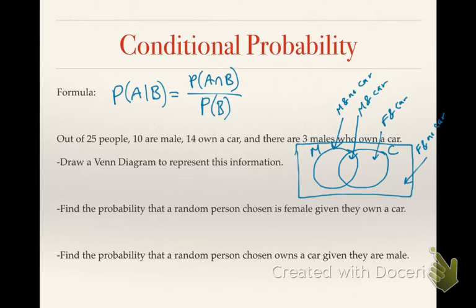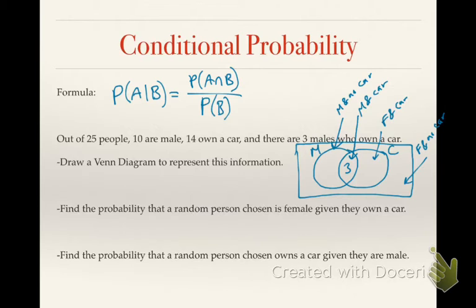So it's important to know what all these numbers are going to represent, and what each part of the diagram represents. So let's start filling this out. We know that there are 10 males, but I don't know which is it going to be 6 and 4, is it going to be 7 and 3, I'm not sure yet. There are 14 people who own a car. Again, I can't fill it out yet, but 3 males who own a car. So here's where the males own a car, right there, intersection.